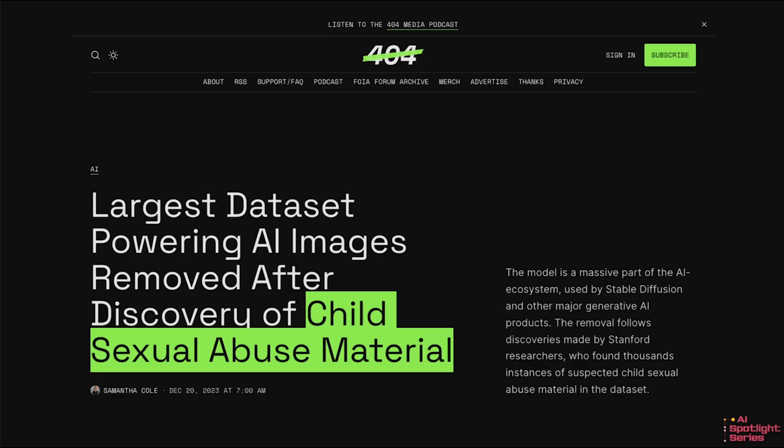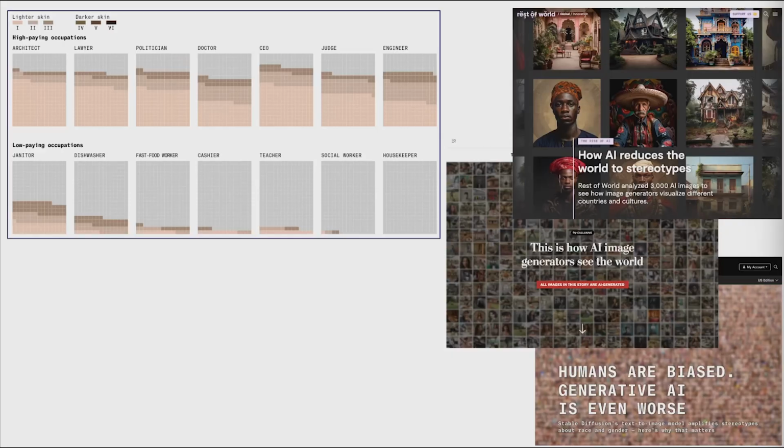And what they found is that in this dataset called LAION-5B, there were actually thousands of instances of both suspected and externally validated child sexual abuse material. And so this was the kind of data that was going into the training of generative AI systems. So when there's very little understanding of the data that goes into generative AI models, they essentially end up exacerbating a lot of the challenges we already discussed with machine learning.